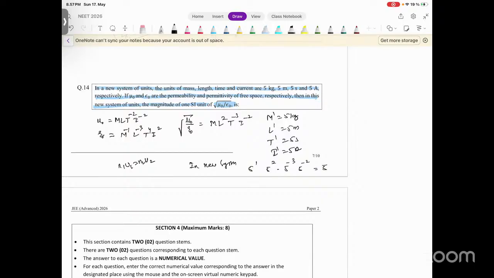That will be equal to 5 power minus 2. That is approximately 1 by 25. So 1 SI unit will be equal to 25 new units. So the answer must be equal to 25.